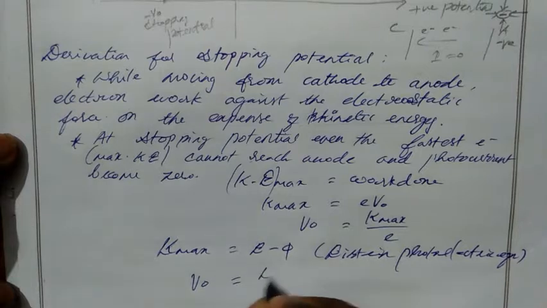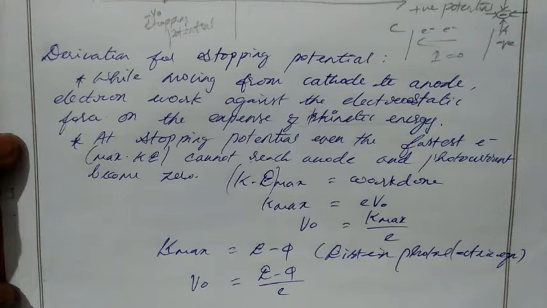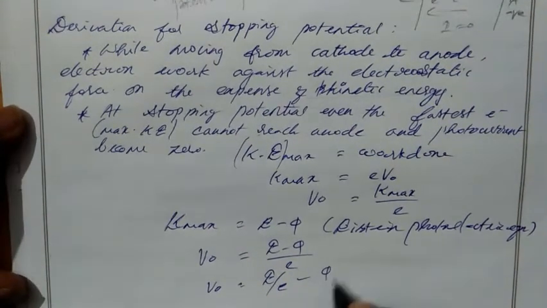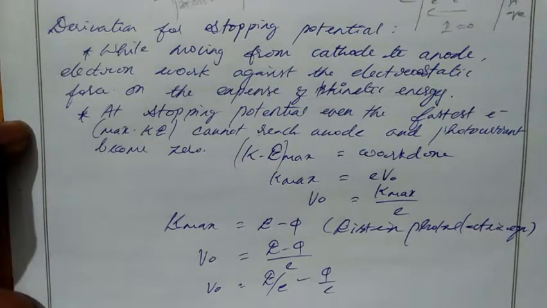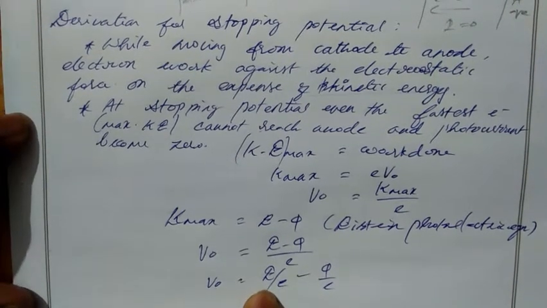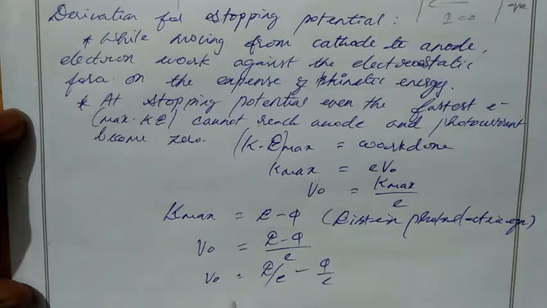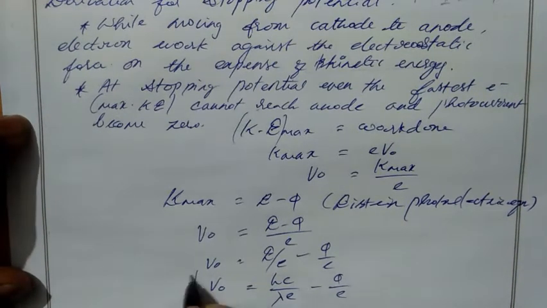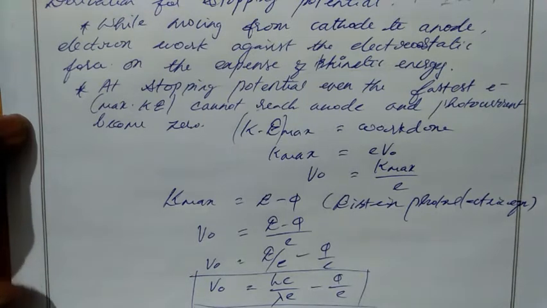K max is E minus phi, divided by e. So dividing with e, we have V naught equals E by e minus phi by e. What is E? E is hc by lambda, or hf, whatever. So we can write V naught equals hc by lambda e minus phi by e. This is our final equation for stopping potential.